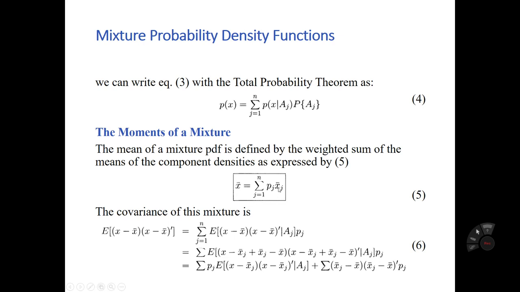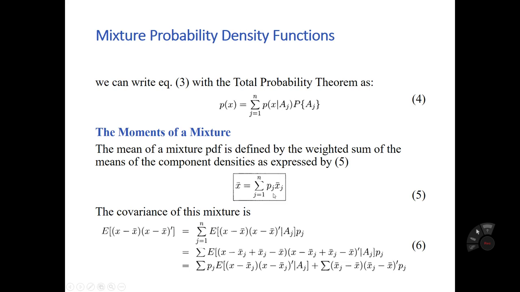Then we have to sum up with the product of the probability of the event, and that event belongs to the object state. So event A is already known. You are finding the distribution of x conditioned on Aj. So this is already known. You have some event j, and now you are finding p of x.